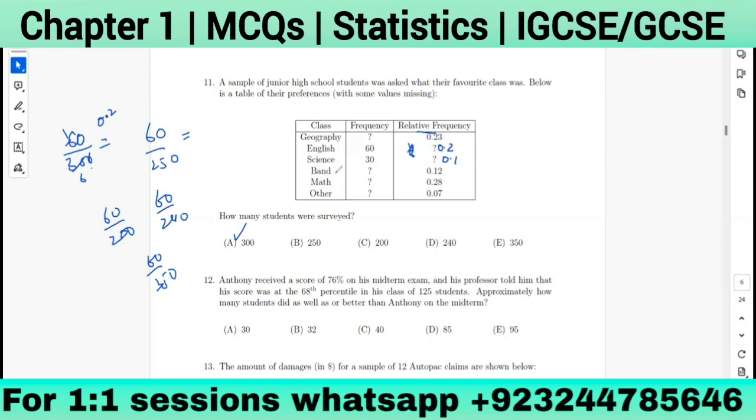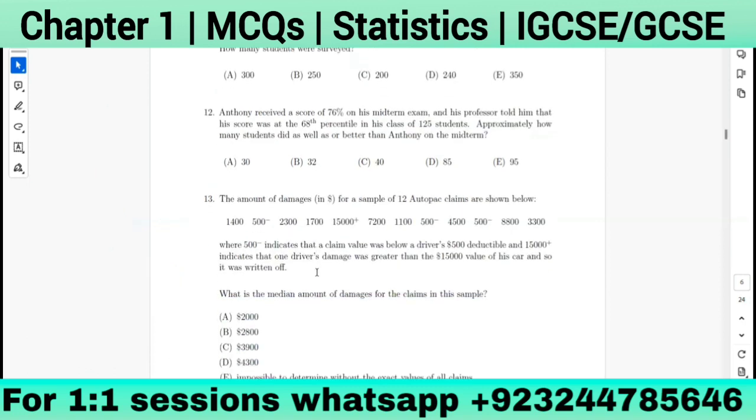Now add them and see if you are getting a sum of 1. Yeah, we're getting 1. Great. So it means 300 is the correct answer. We just used the options to solve it. You can also do it another way, but this is the easy one. Okay.